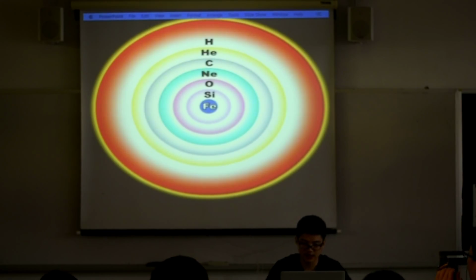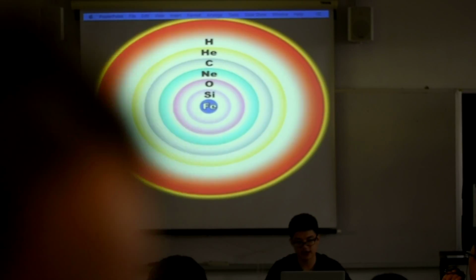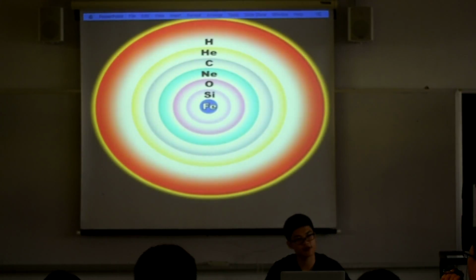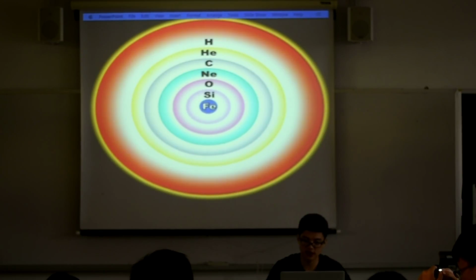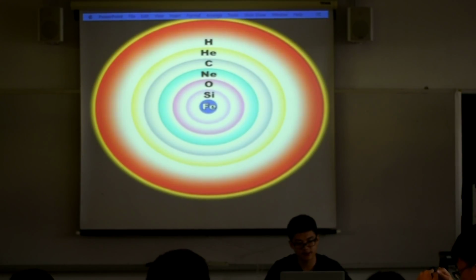Specifically, iron-56. There is no nuclear fusion afterwards because iron is the heaviest element you can get from nuclear fusion. Afterwards, the element requires more energy to get heavier.